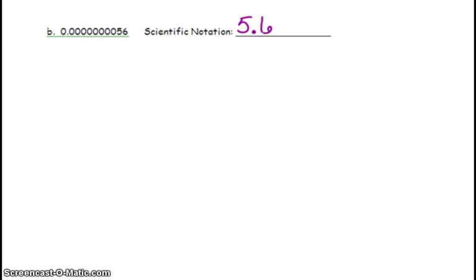So if I look and count my zeros, I have to move across 8 zeros, plus I have to move across the 5, which makes 9. So I know my exponent on my 10 is going to be a 9. And since we started with a very, very, very small number, make it a negative 9. So small number, negative exponent. Not a negative number, just a negative exponent.